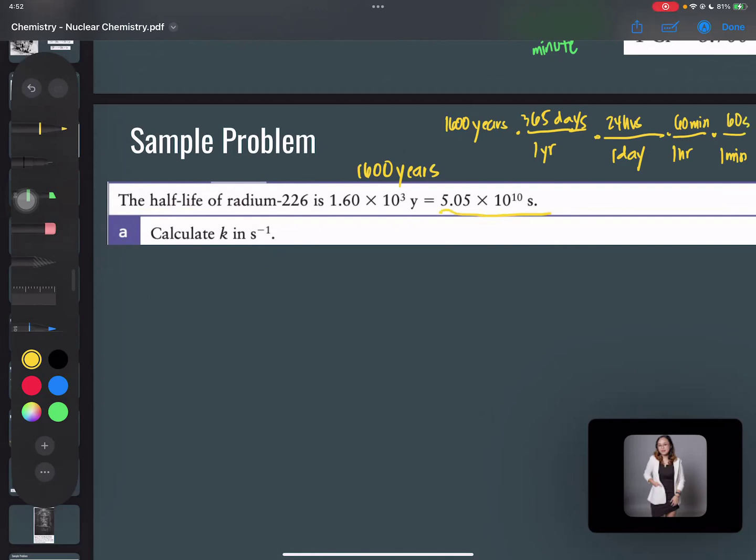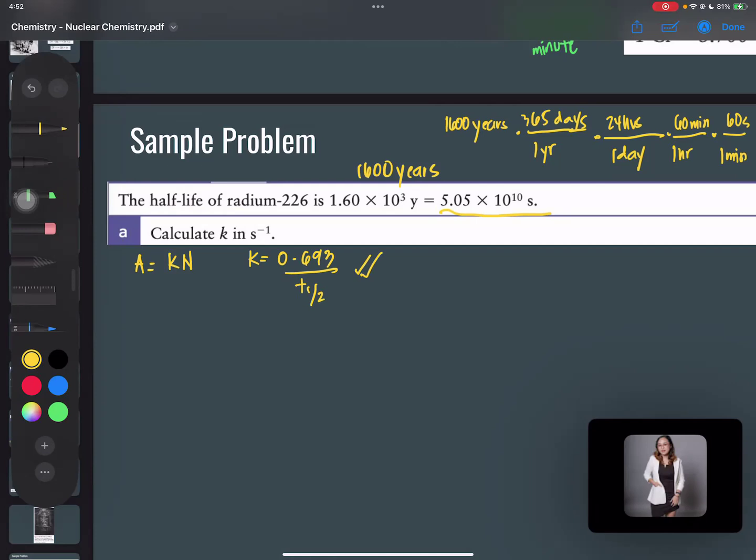The question is, calculate k in s^-1, or over s. The formula for activity is kN, or you could directly use k is equal to 0.693 over t1/2. It is more applicable to use this equation because you're already given your half-life.